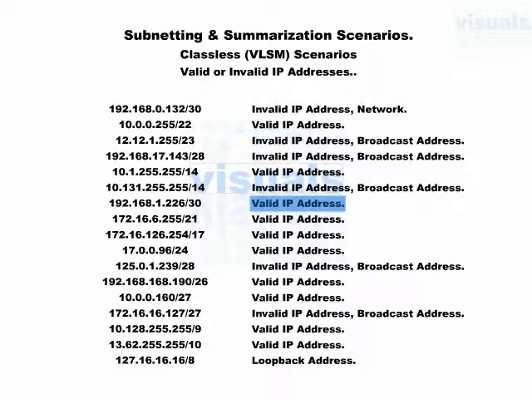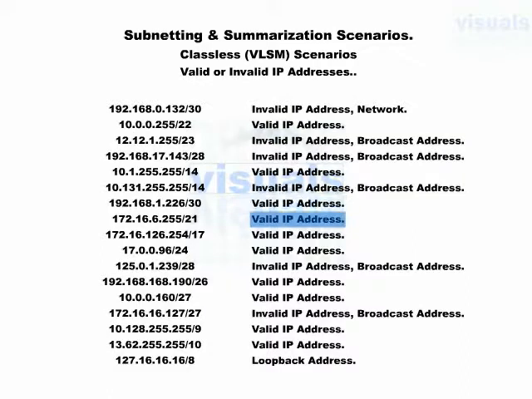Yes, this is the second valid IP address for the network 192.168.1.224. The first one is .225. The broadcast address for this network is 192.168.1.227. The next network is 192.168.1.228.